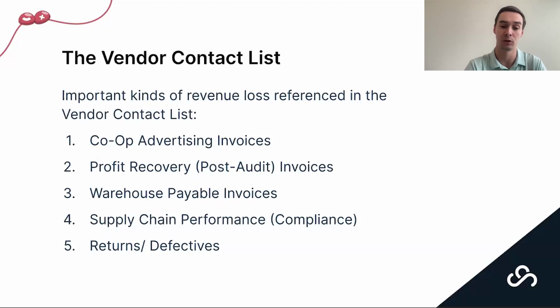What we'll be focusing on today is the warehouse payable side, or the AP deductions, as they're also called. Then there's supply chain performance, which is the name CVS has for what is similar to compliance programs at other retailers. And lastly, the other big thing here is returns and defectives and those shared programs with CVS as well.